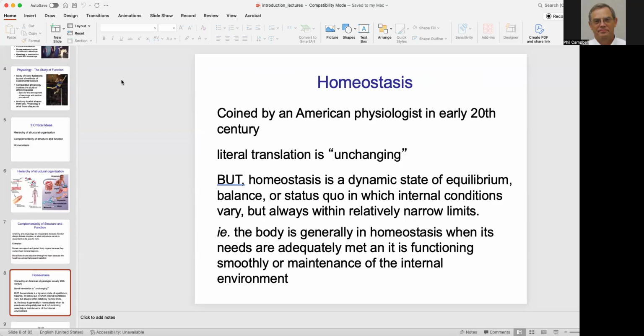Now, one of the most important concepts of physiology is the term homeostasis, okay? This is the basis of physiology. So basically, it simply means, grossly speaking, unchanging, but as opposed to an on-off light switch. So I put the switch on, that closes an electrical circuit, the lights come on. I turn it off, they're off. It's on, off. This is not homeostasis.